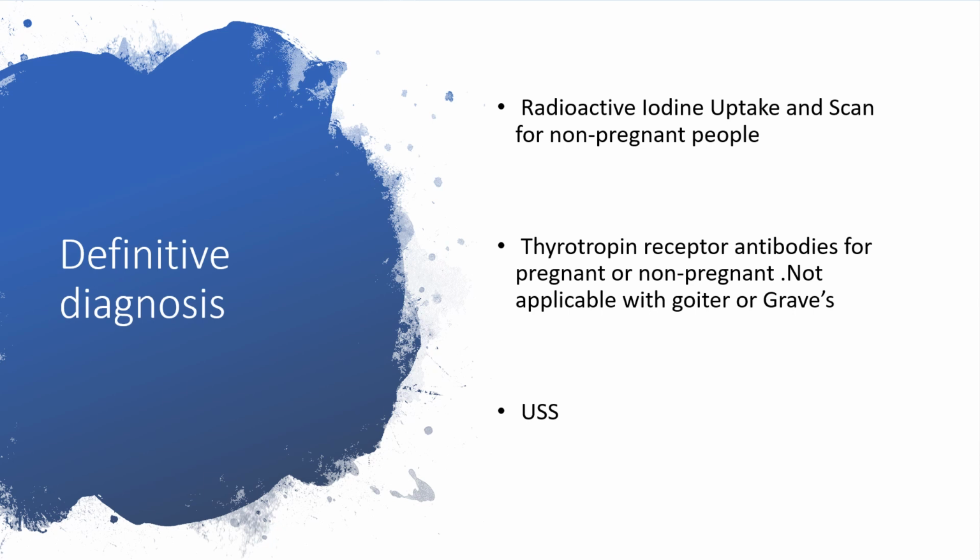For non-pregnant, you can use either radioactive iodine uptake with scan or thyrotropin receptor antibodies. But thyrotropin receptor antibodies will not be applicable in case of goiter or Graves' disease. Otherwise, you can have ultrasound done, you can have radioactive iodine uptake done if not pregnant.